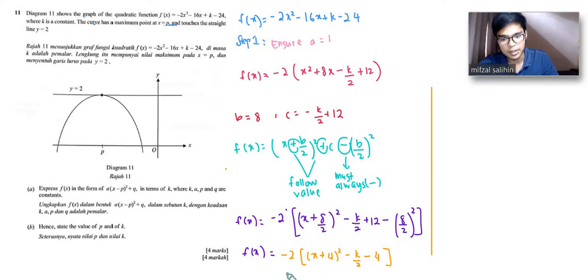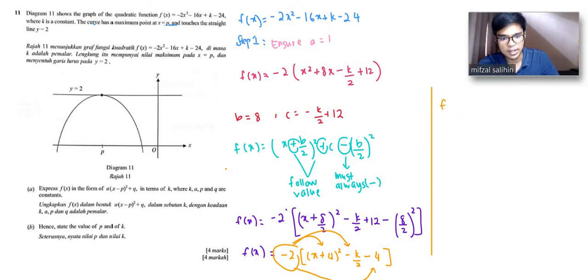Alright, so from here, in order for us to open this bracket up, we have to expand this equation, meaning we multiply negative 2 by this, this by this, and negative 2 with negative 4.